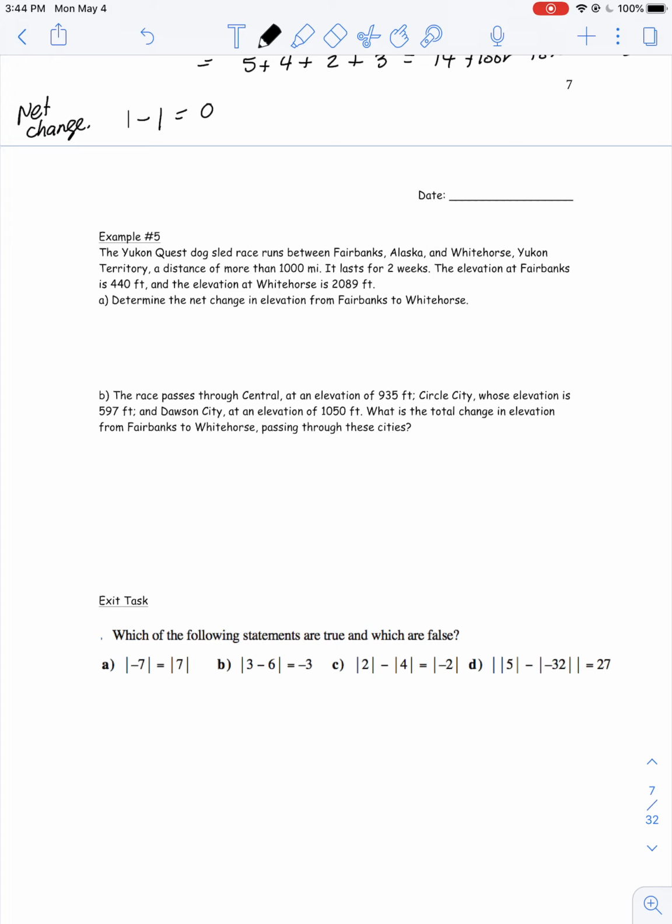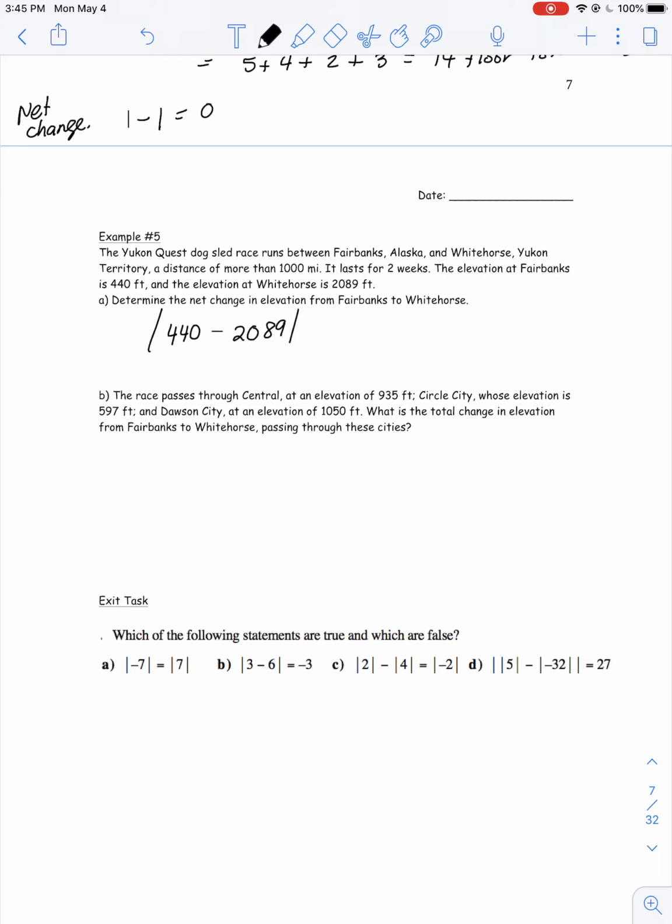So Fairbanks, we know we were at... Oh, sorry, Whitehorse, we are at 2,089, and at Fairbanks, we are at 440.